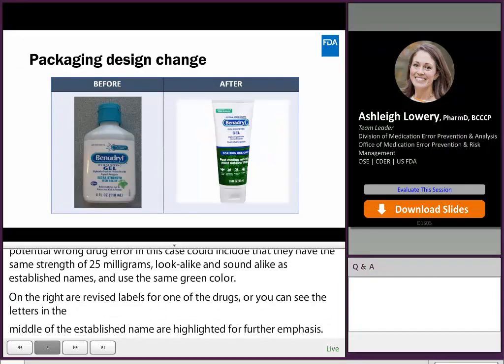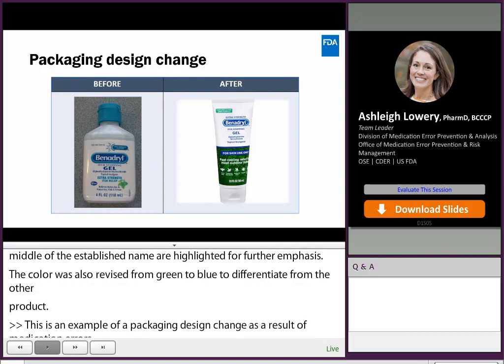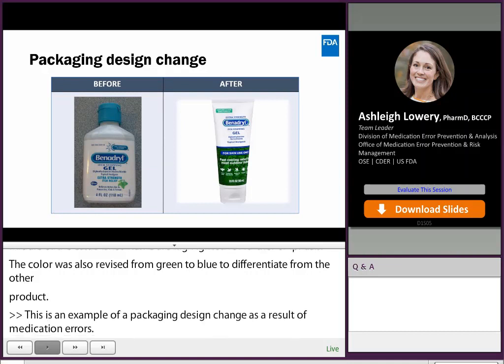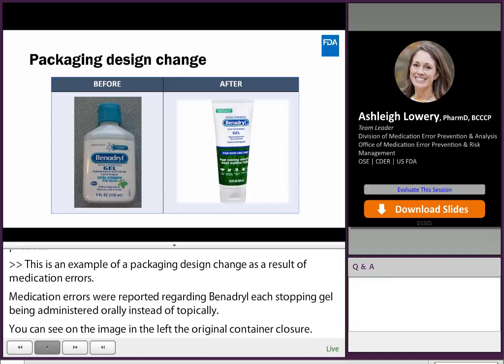This is an example of a packaging design change as a result of medication errors. So medication errors were reported regarding Benadryl Itch Stopping Gel being administered orally instead of topically. So you can see on the image on the left the original container closure, and the contributing factors to this error included: one, the container closure that does resemble an oral product, and patients' familiarity with Benadryl as an oral product that is available on the market.